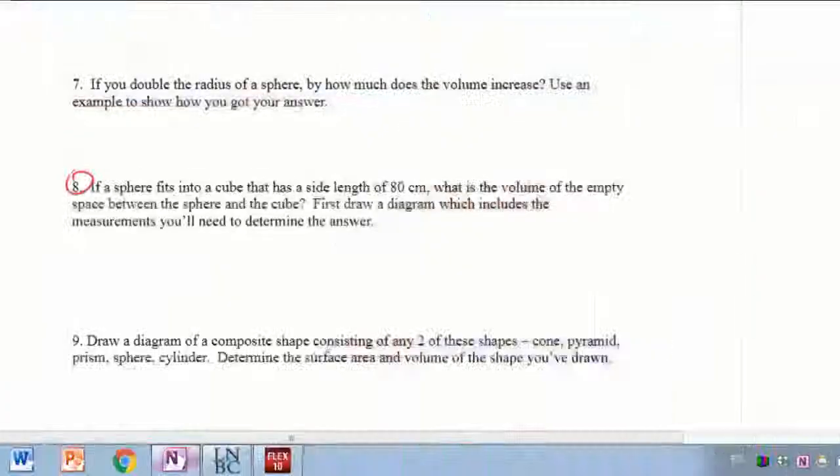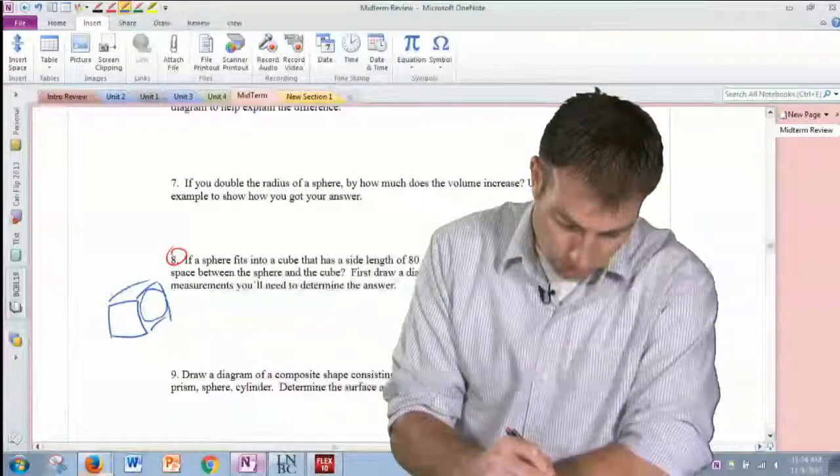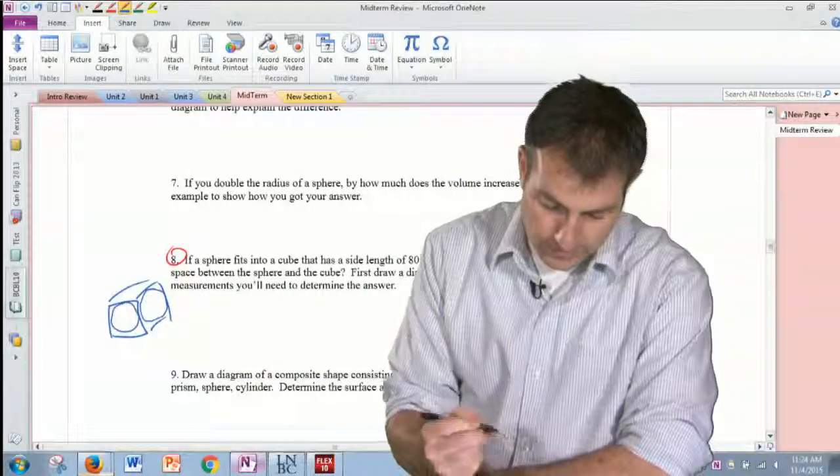If a sphere fits into a cube that has side length of 80, what is the volume of the empty space? Oh, you had to pick a long one for me to do. All right, so we have a cube, and we have a sphere inside it, which is going to be difficult for me to draw, so I'm just going to represent it as a circle that you can kind of see there.